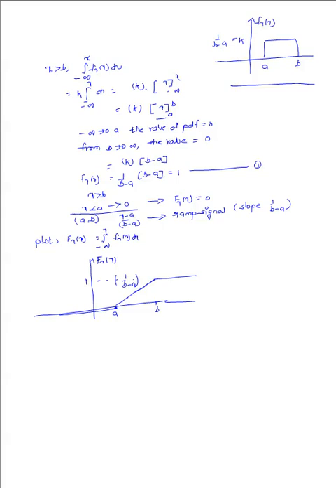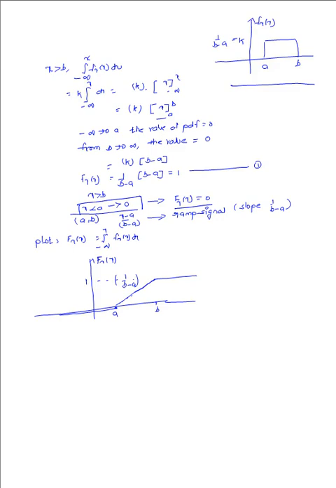Now let us see the value of the probability distribution function for x greater than b. Earlier we saw that for x less than a, the probability distribution function is simply 0, because there is no existence of a density function for x less than a.